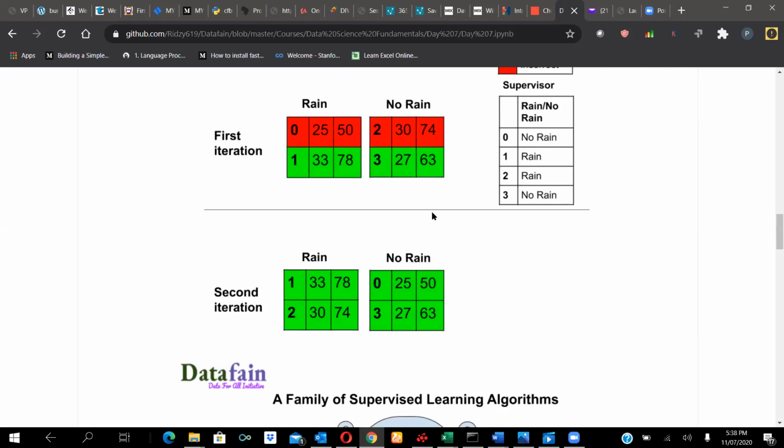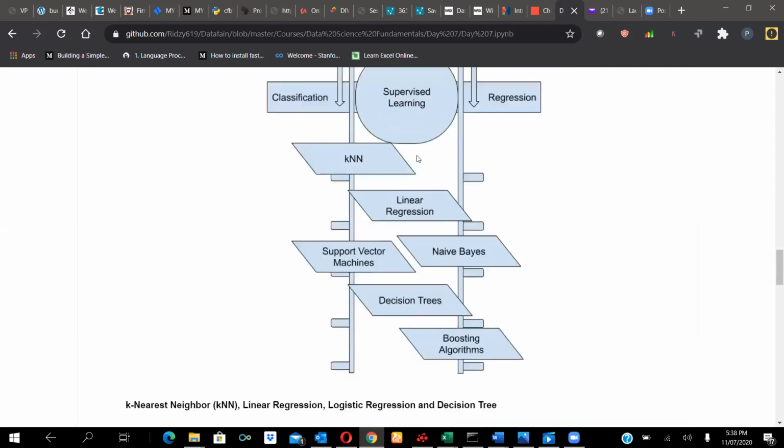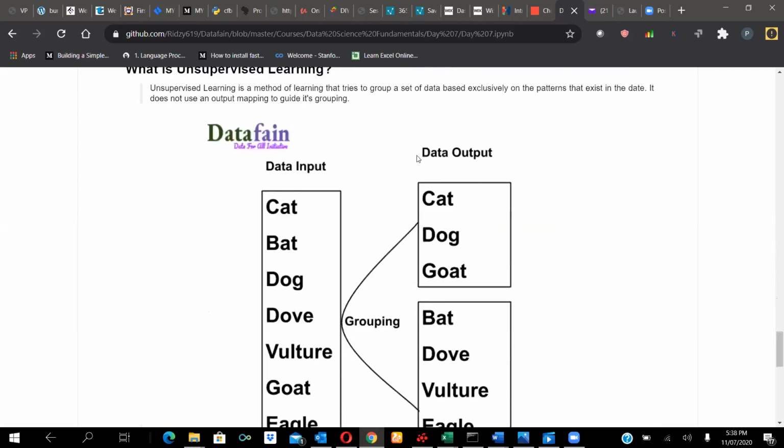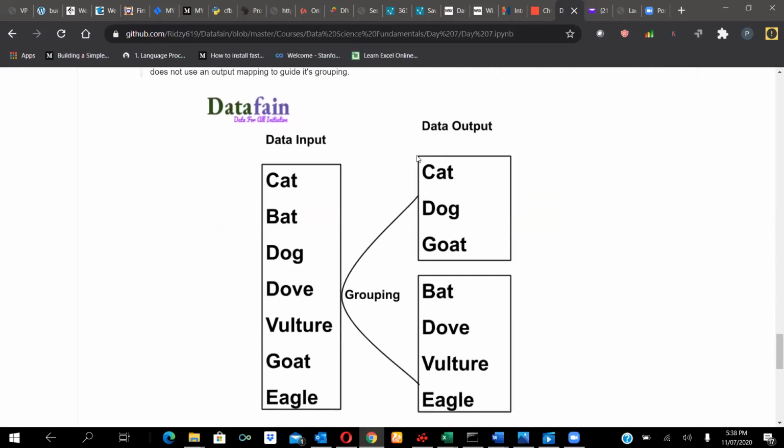That was what we did under supervised learning. But in unsupervised learning, you have no output. The machine would be the one that will exclusively group the data set without mapping it based on any guide from the output.